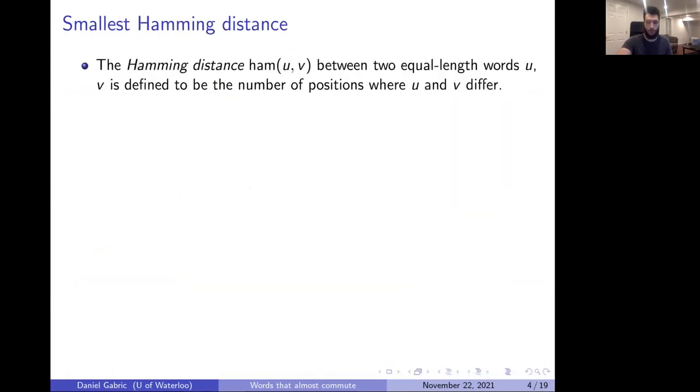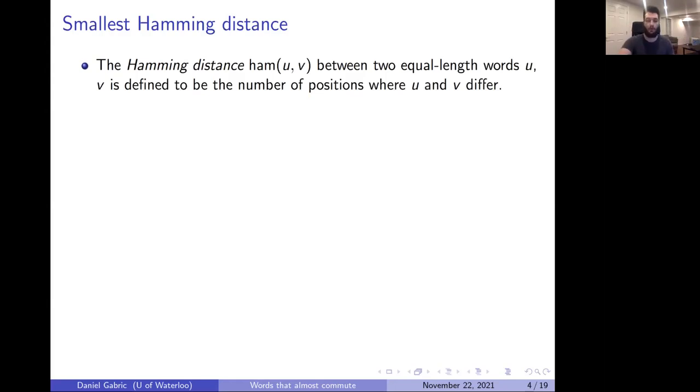This is about the Hamming distance. The Hamming distance between two equal length words is defined to be the number of positions where they differ. So we said before that these Fine and Wilf pairs of words almost commute, because xy and yx differ in exactly 2 positions.